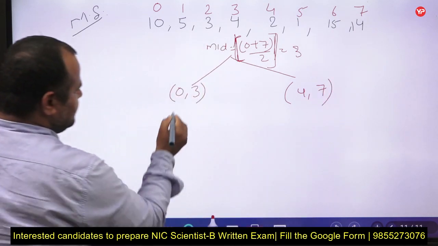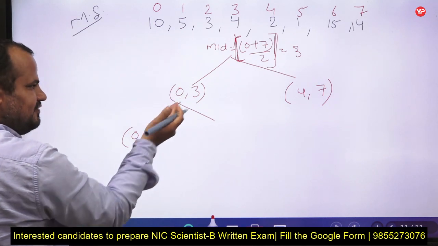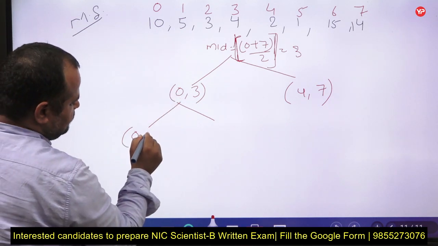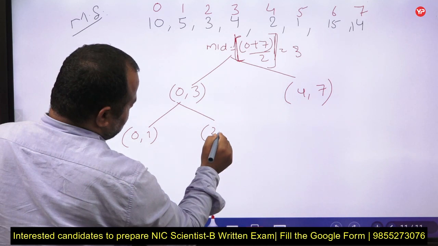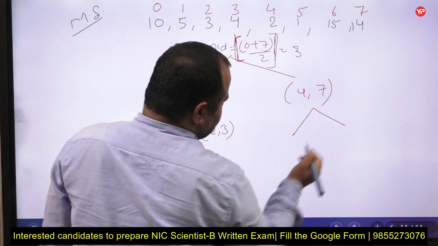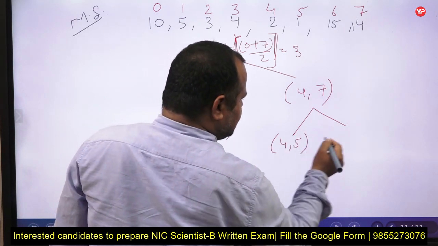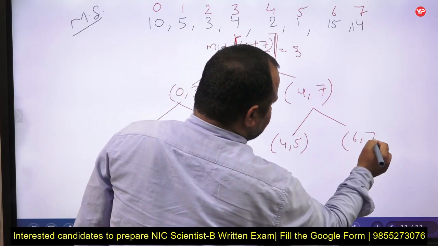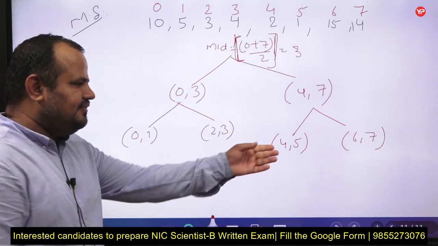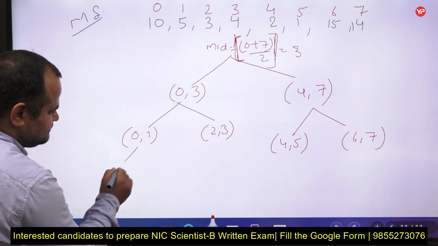Getting my point? In this case, again find the middle element, 0 plus 3 by 2. So index 0 and 1 are here, and index 2 and 3 elements are in this subarray. Again this array is divided into two parts: index 4 and 5 elements are in one subarray, and index 6 and 7 elements are in another. Again I will divide because the number of elements is not 1.